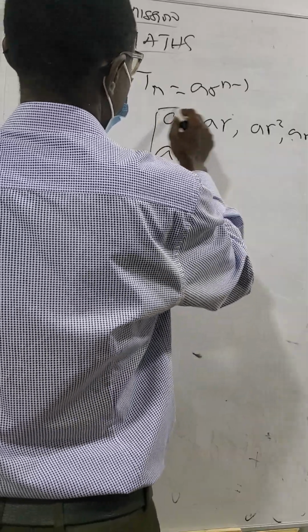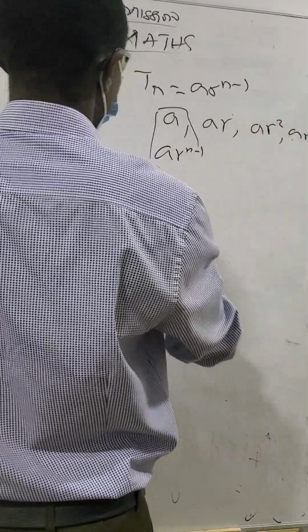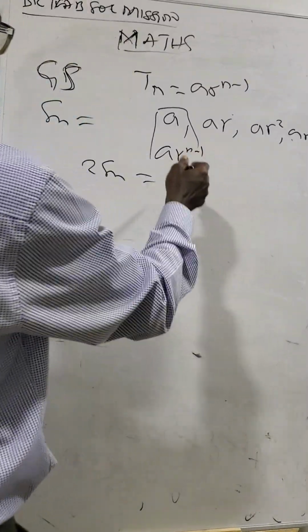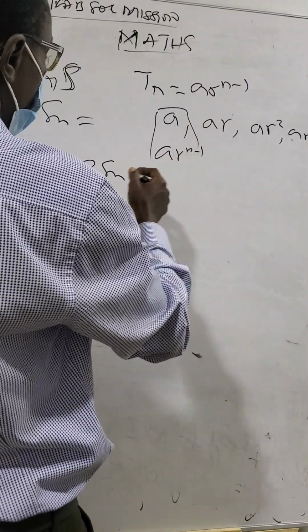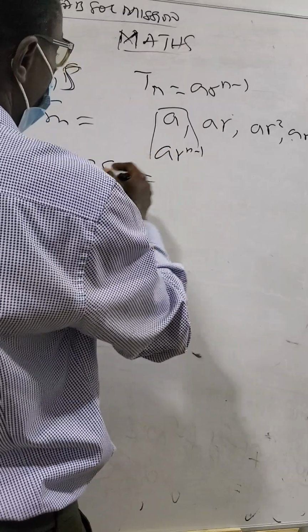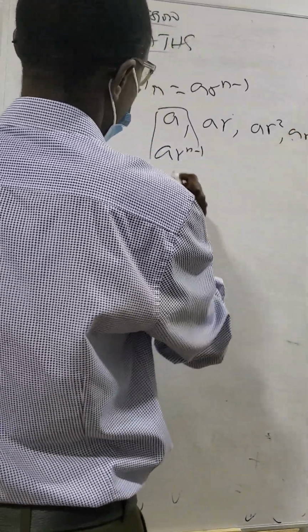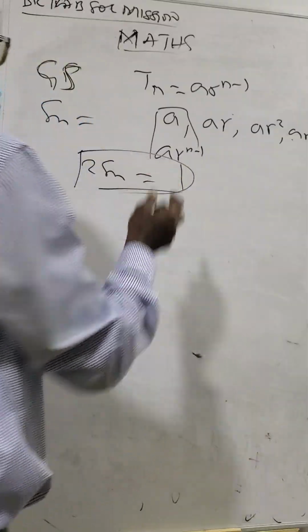Now, if you add them, you are going to get 2Sn equal to that. And of course, now if you subtract or do your modifications and calculations, then you'll be able to derive an expression relating to that.